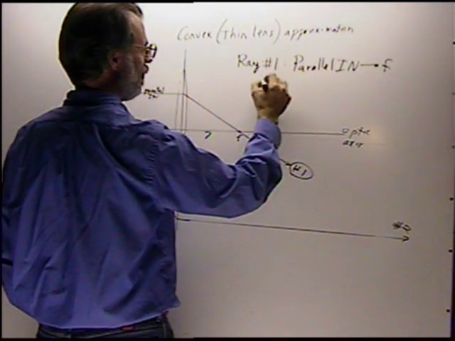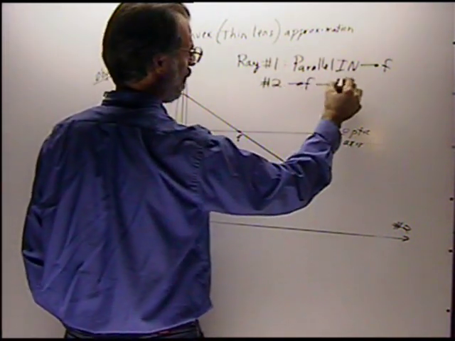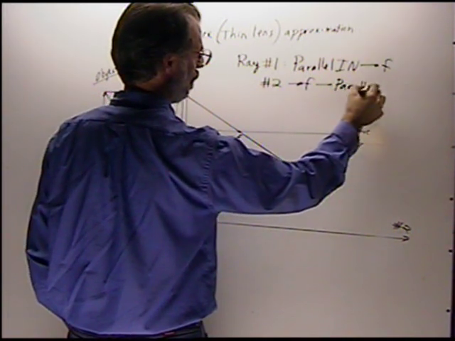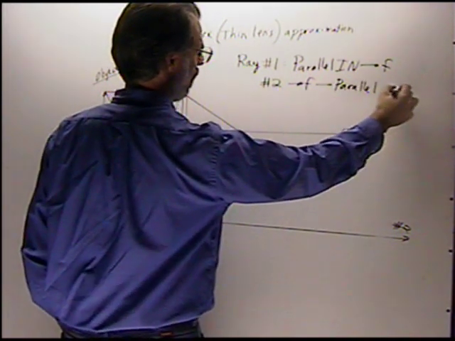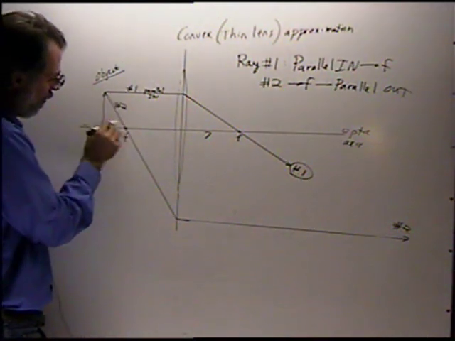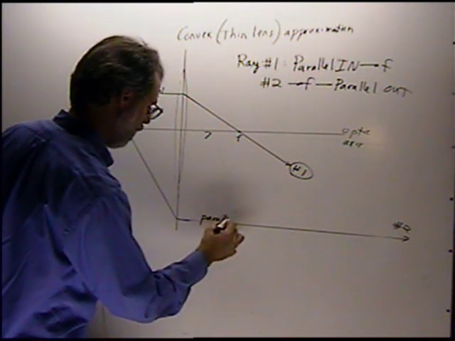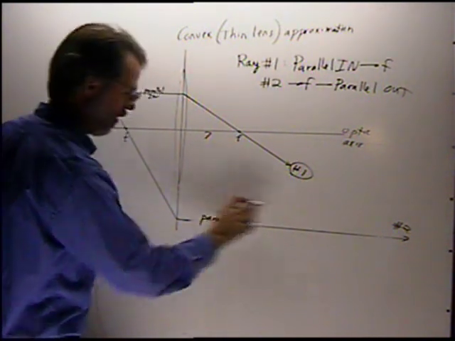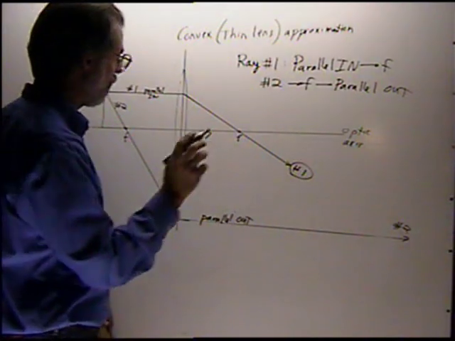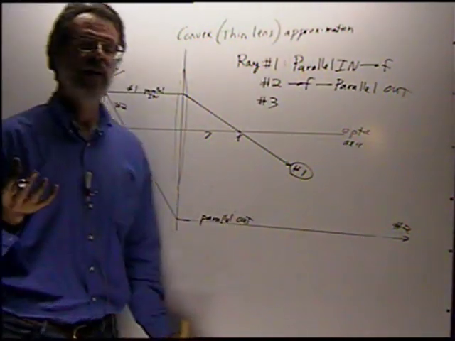Thus, ray number 2 is through the focal point and then parallel out. So here's number 2. It goes through the focal point and then it comes out parallel. Parallel out, okay?